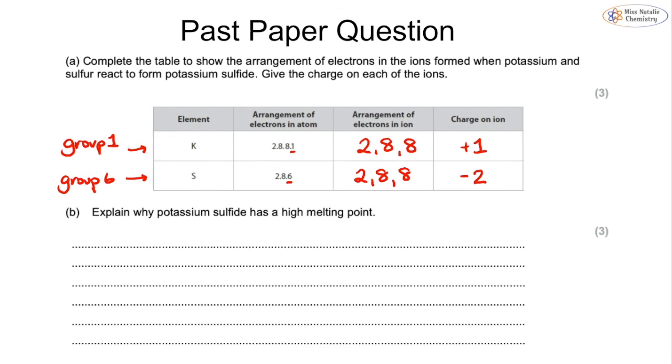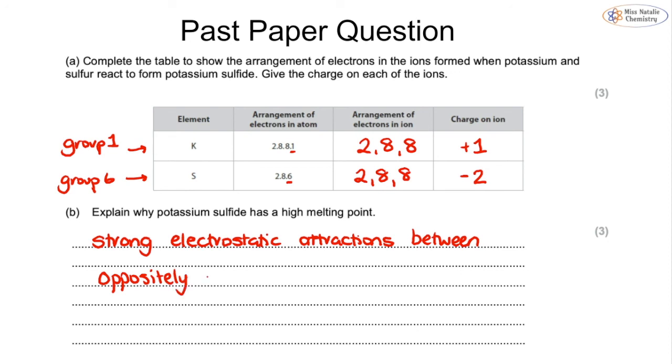And then for part B, explain why potassium sulfide has a high melting point. Well, that's what we were just talking about in terms of the electrostatic attractions. So there are strong electrostatic attractions, and it's very important that you always use this term in your answers whenever you're asked about bonding. So strong electrostatic attractions between the oppositely charged ions. So we have to specify that it is between the positive and the negative ions.